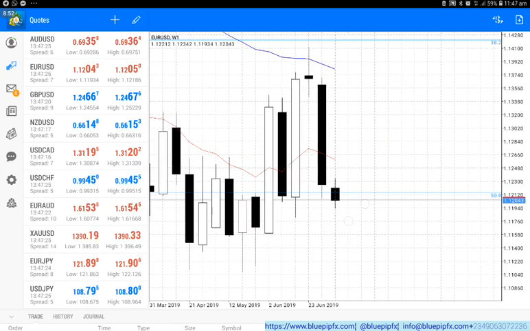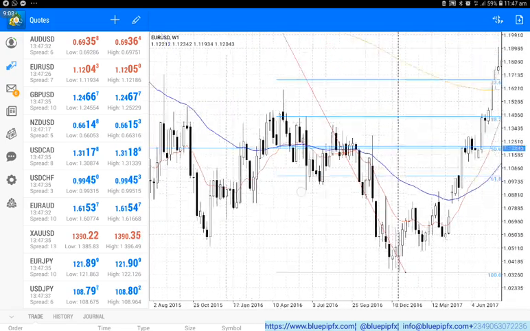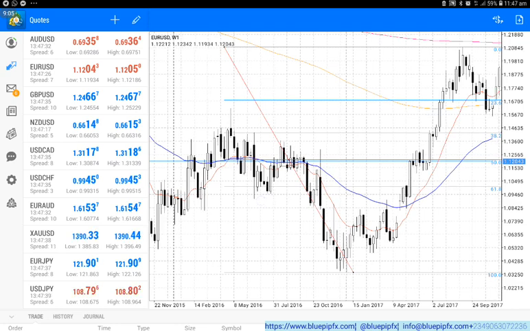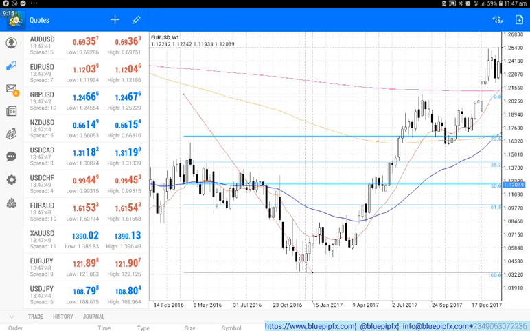Sorry, I'm trying to zoom in. Okay, so here we are. I have from this point to this point. Now the easiest way to draw this is to make the red line, which marks the length of your trend, align with the trend that you are working with.